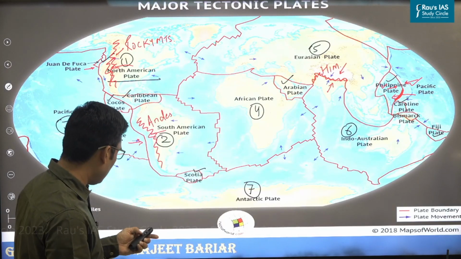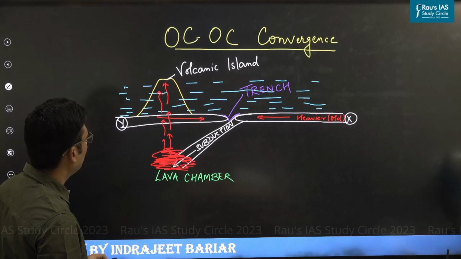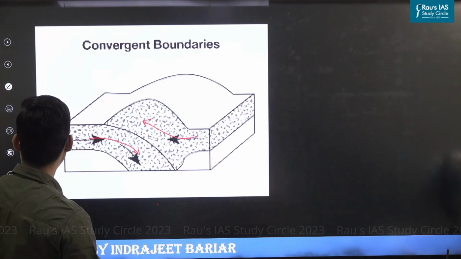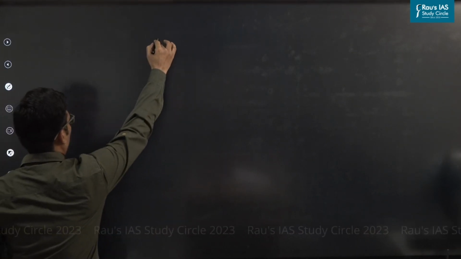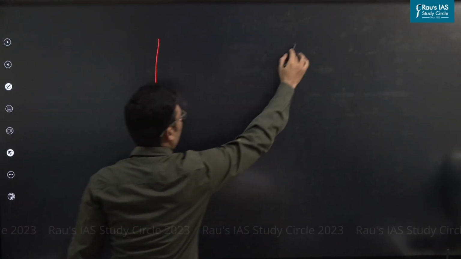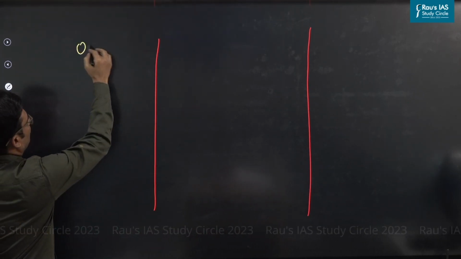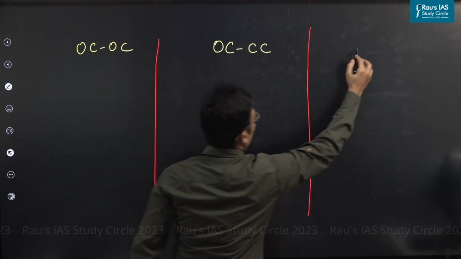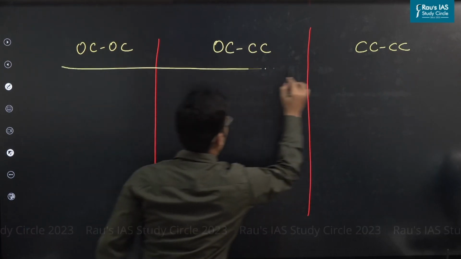So effectively, when we talk about these plate boundaries, to summarize it, what we can say is there are three types of convergent plate boundaries. The first one, that is OC-OC, second one OC-CC, and third one, that is CC-CC convergent plate boundary.